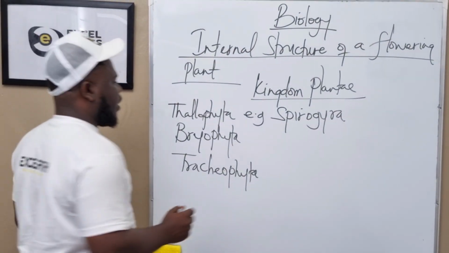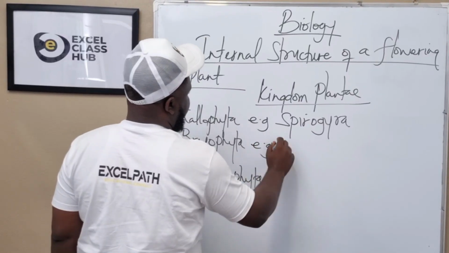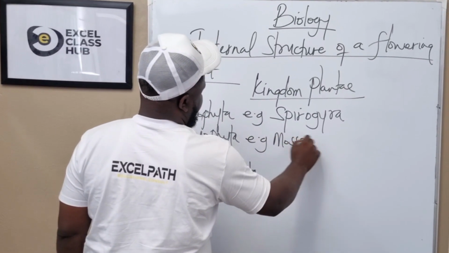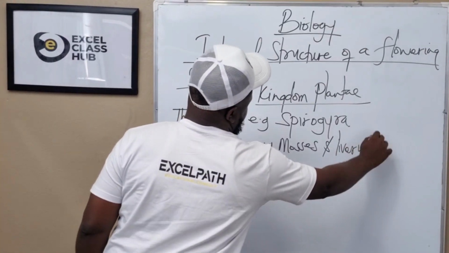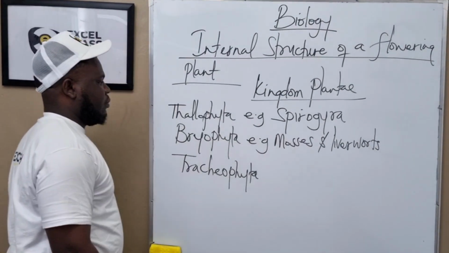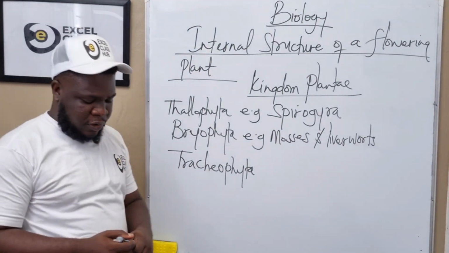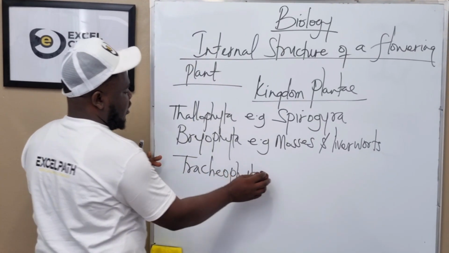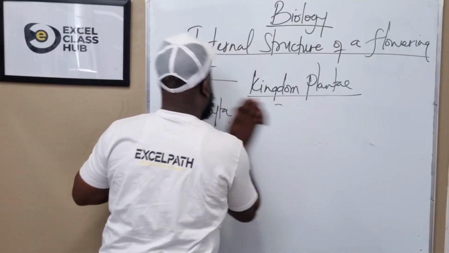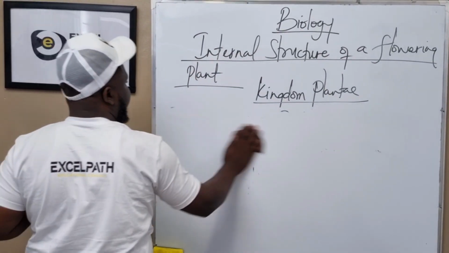Then under the Bryophyta is where you have organisms such as mosses and liverworts. Let's do a detailed classification of all these things so that it is very clear.